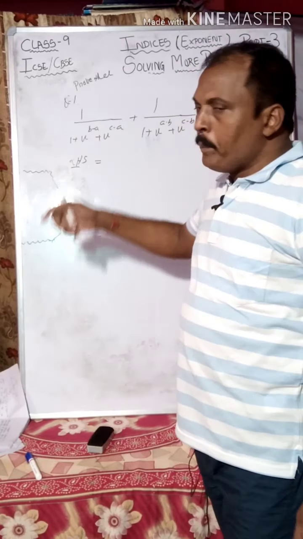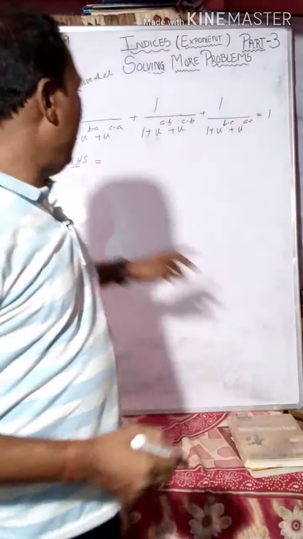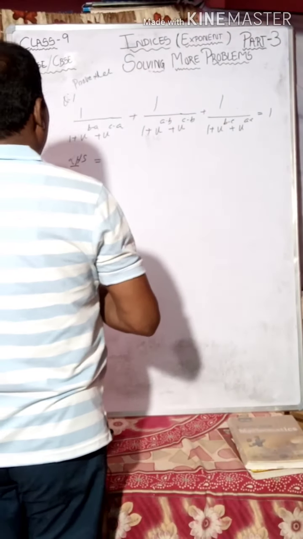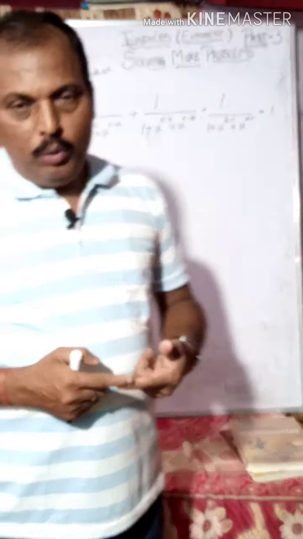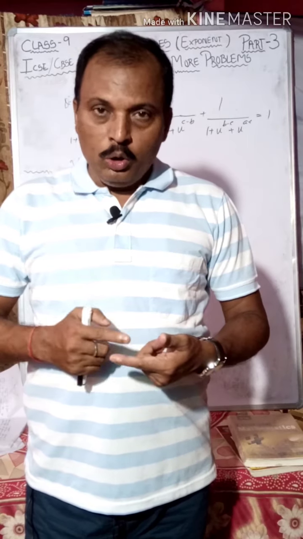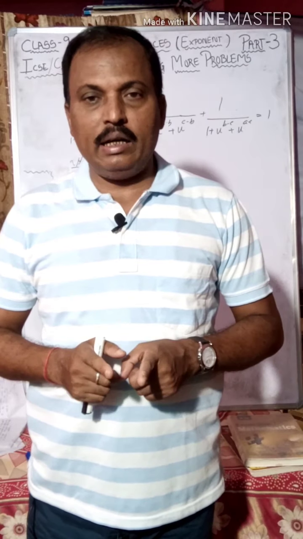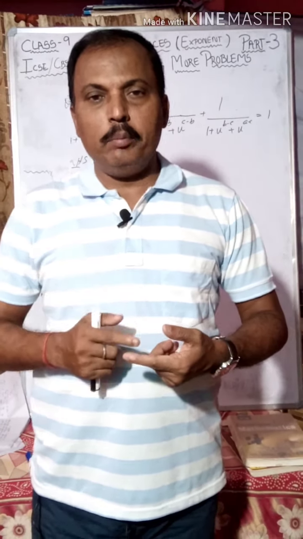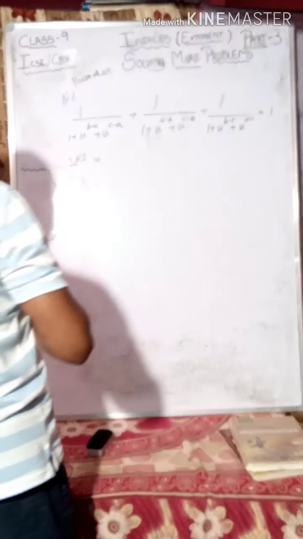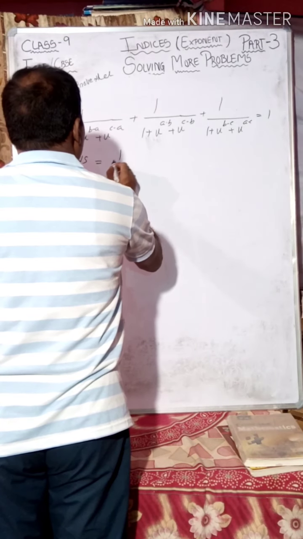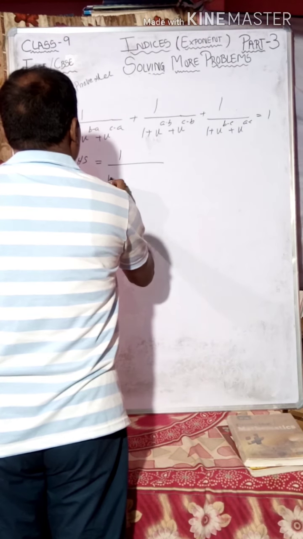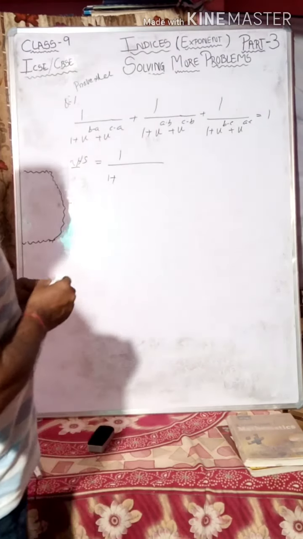We will do the next step. LHS is equal to, I told you that you should show the immediate step. First we start the immediate step, that is step 1. What is the immediate step? 1 upon 1 plus, now look at this LHS side.